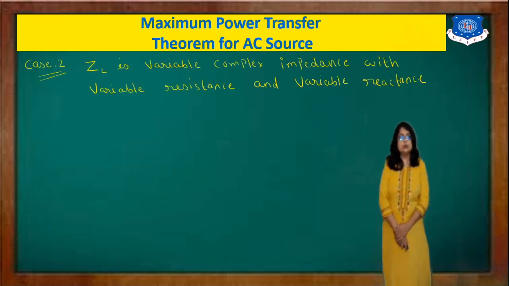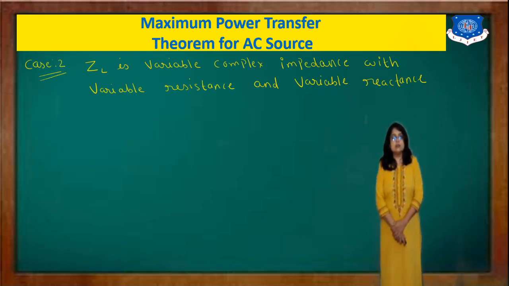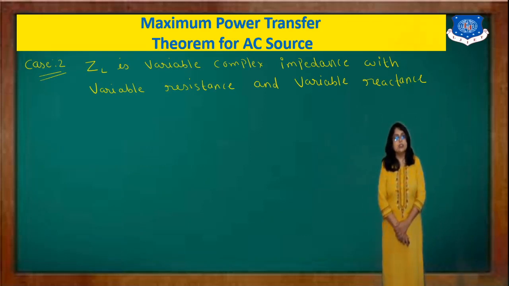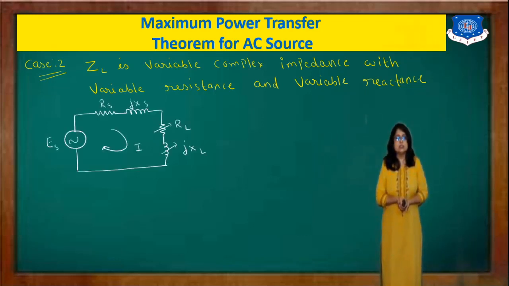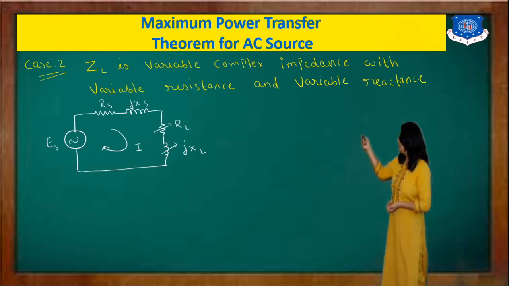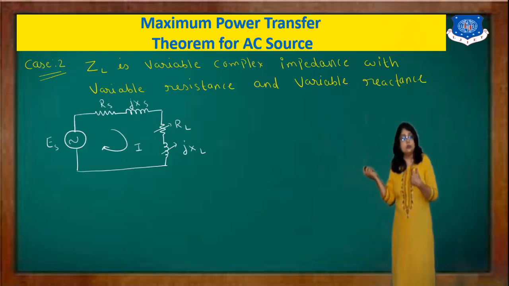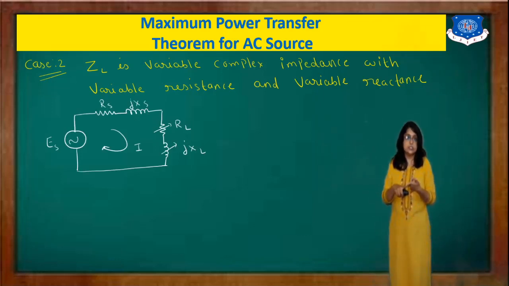Now case number 2, that is, ZL is a variable complex impedance with variable resistance and variable reactance. See here, in this case our load is a variable resistance as well as a variable reactance. The procedure is the same.